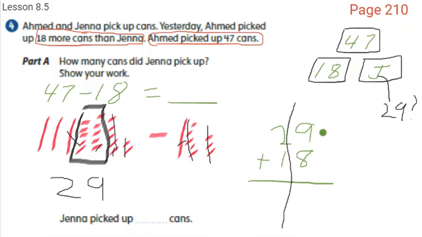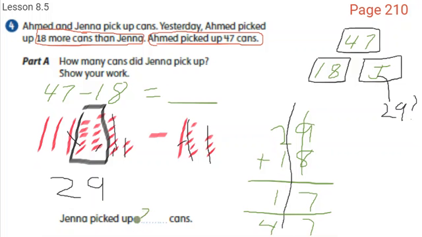You should know your 8s. 8 and 8 make 16, plus 1 more, double plus 1 is 17, which means I have 1 ten and 7 ones. Bring down my ones. 2 tens plus 1 ten is 3 tens, plus another ten is 4 tens. So yes, that is correct.